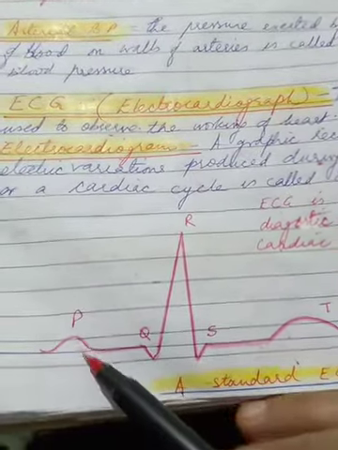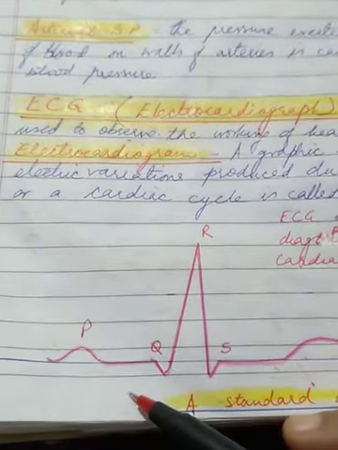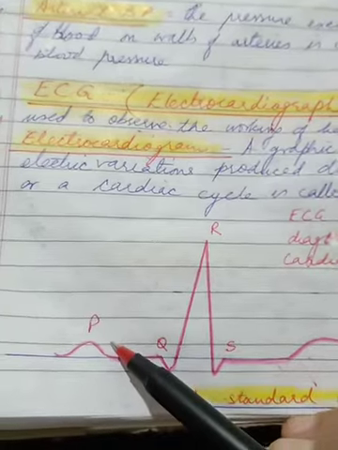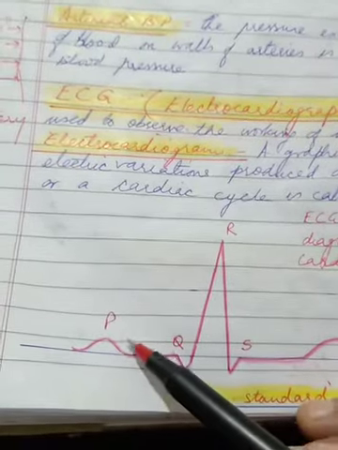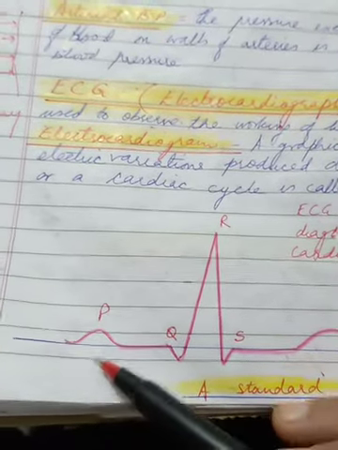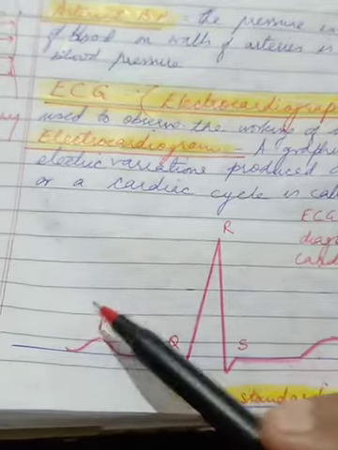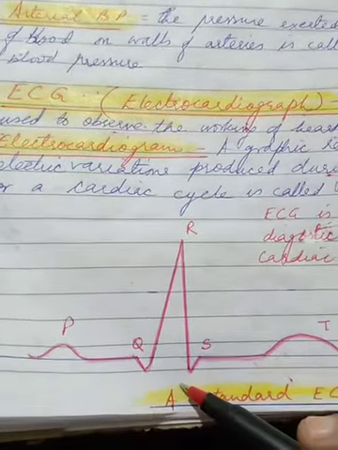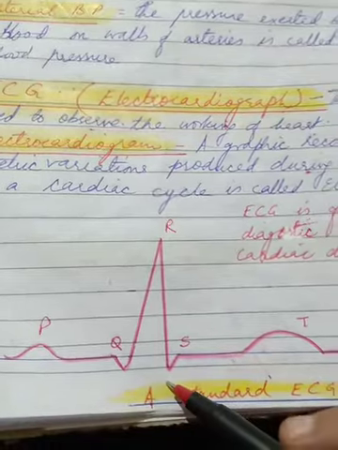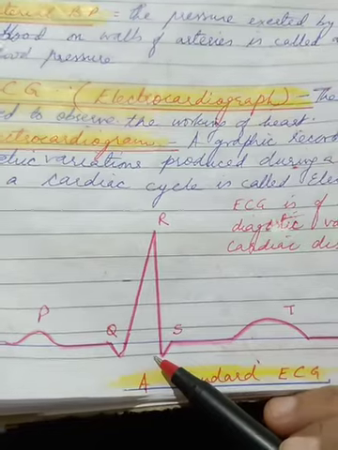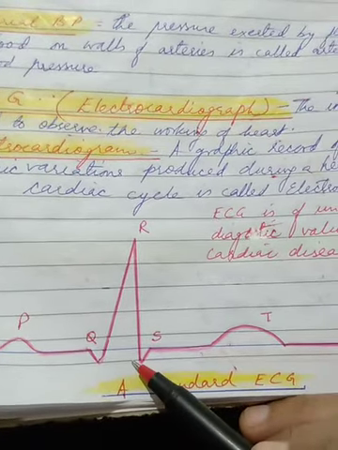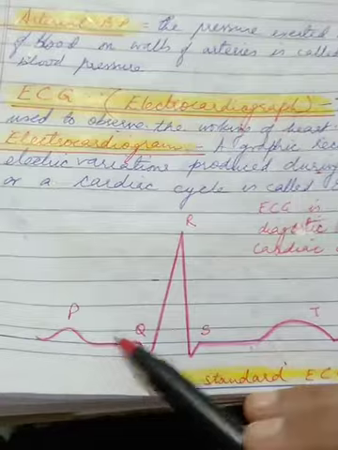Let us see what each of the alphabets denotes. The P wave, that is this P, denotes the electrical excitation or depolarization of auricles, and this leads both the auricles to contract. So when auricles contract, this is received. Then the QRS complex, the highest peak, is due to the depolarization of ventricles that is responsible to initiate ventricular contraction. So look at the jerk, children.